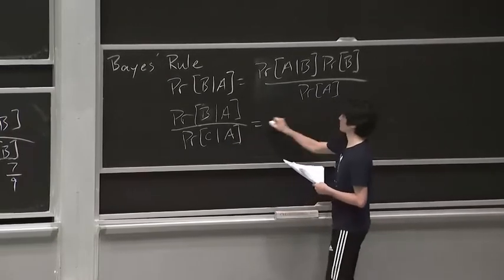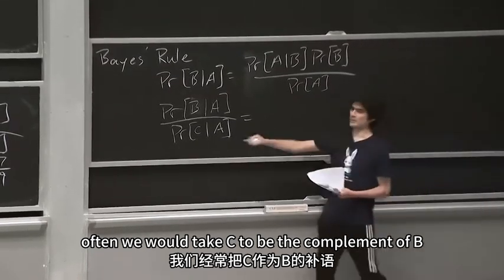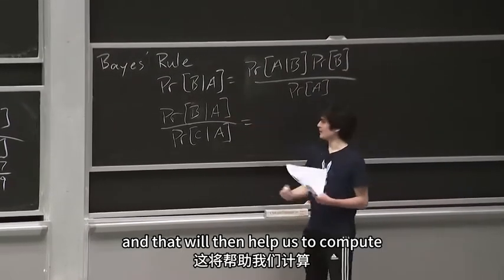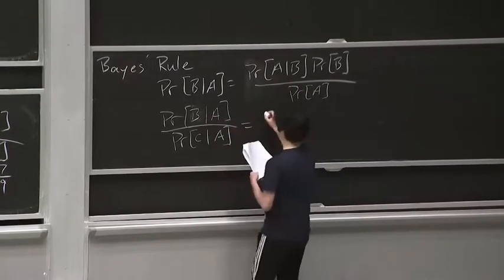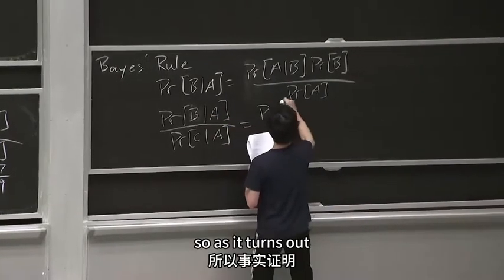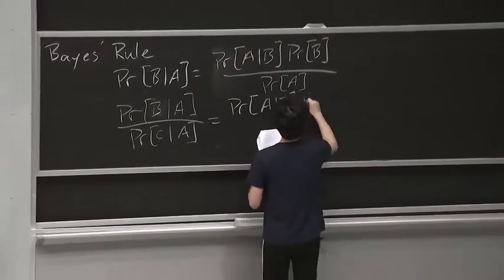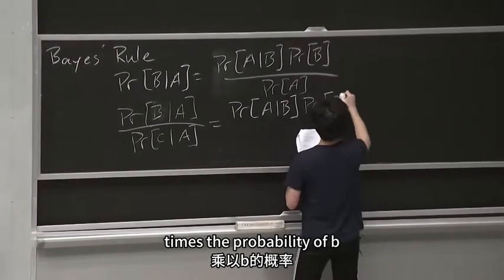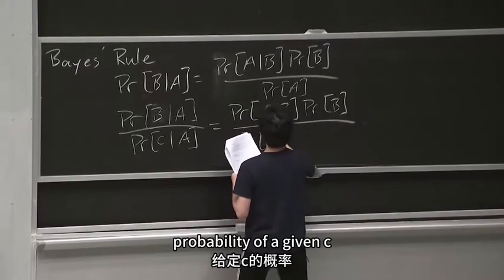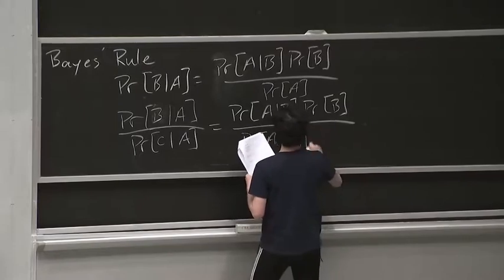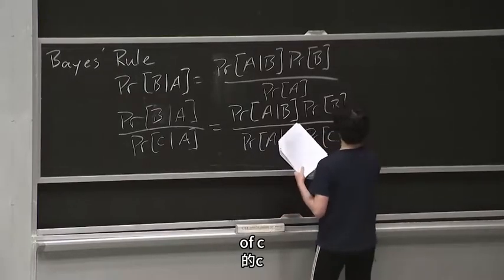In particular, often we would take C to be the complement of B or something like that, and that will then help us to compute this probability of B given A. Okay? So as it turns out, this is going to be the probability of A given B times the probability of B, divided by the probability of A given C times the probability of C.